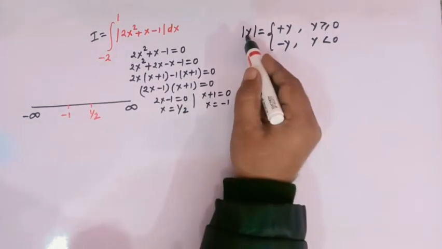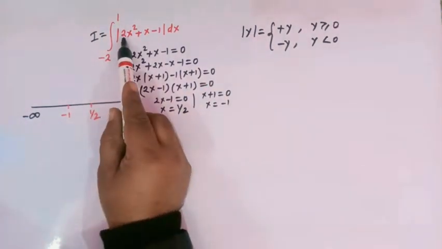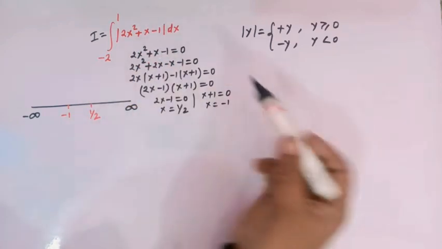Now here y can be replaced by 2x² + x − 1.